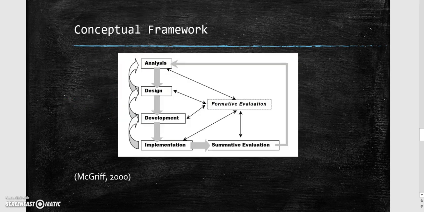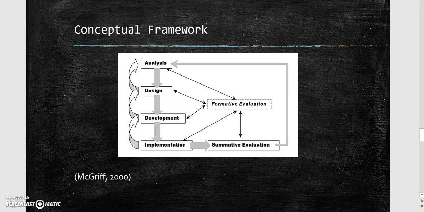The conceptual framework of the ADDIE model looks like this. Each phase goes in order, but you'll notice that each phase goes to formative evaluation and back. This is because each phase must be evaluated for effectiveness. So at any time, one can go back one phase or two phases to correct things that were found in the formative evaluation.